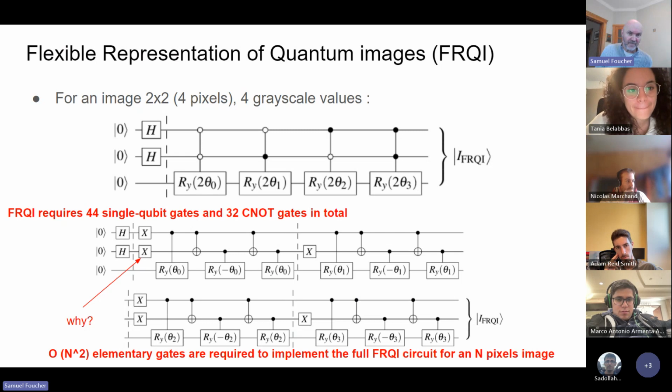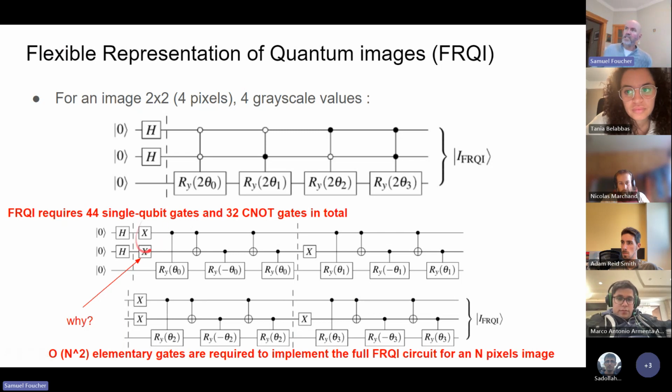So it's quite expensive, I think. So the bad news is that it's in n squared. It's an n squared relationship between the number of pixels and the number of gates. So it's a quadratic cost, which is not good news here.